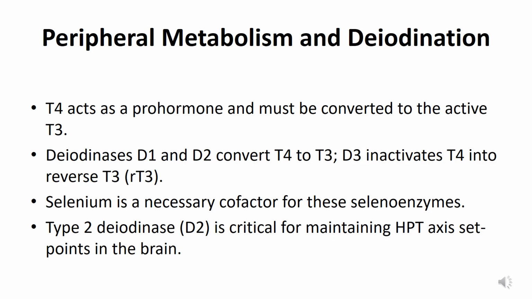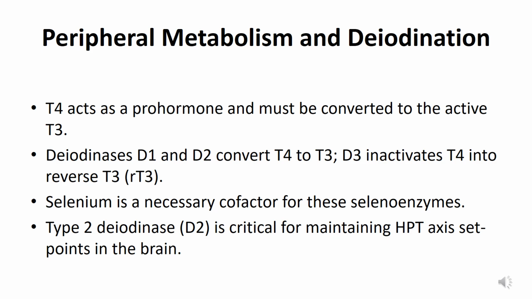Type 2 deiodinase, called D2, is especially important in the brain, pituitary gland, brown adipose tissue, and skeletal muscle. D2 also converts T4 into active T3, but its role is more focused on local tissue regulation. This allows individual organs to control their own thyroid hormone activity even when blood hormone levels fluctuate.